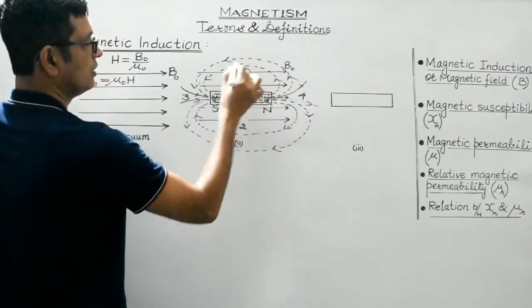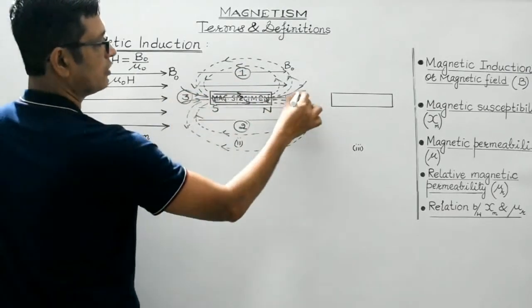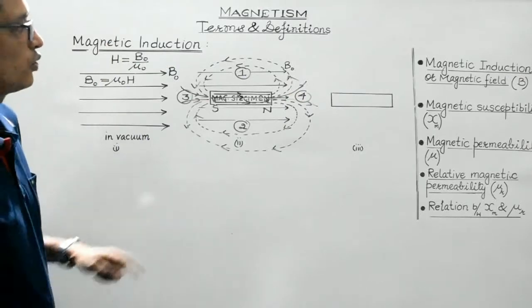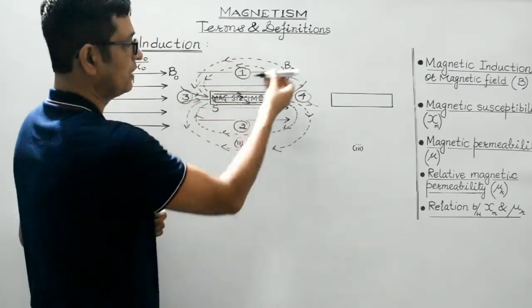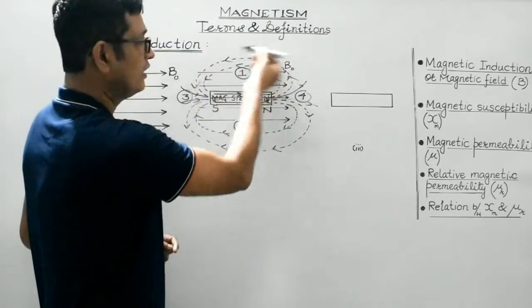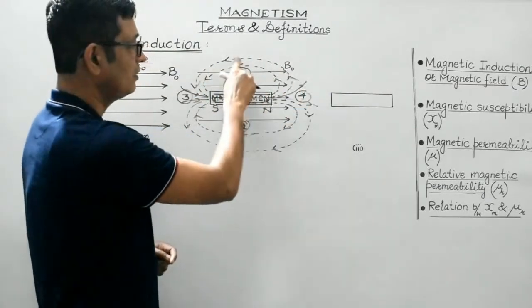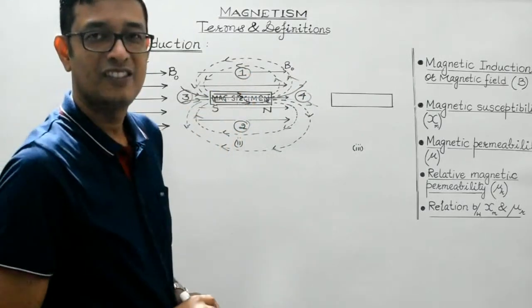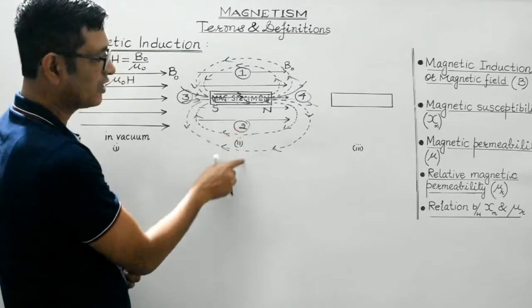I repeat, this is region 1, this is region 2, this is region 3 and region 4. Just imagine students, here the magnetic field due to this magnetic specimen is from right to left, while the external field is from left to right. That is, both are of opposing nature. So they will oppose each other, right? Here also the direction is opposite.